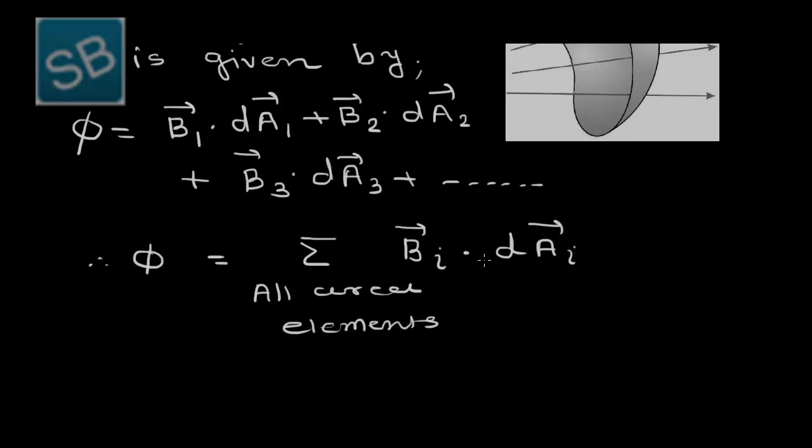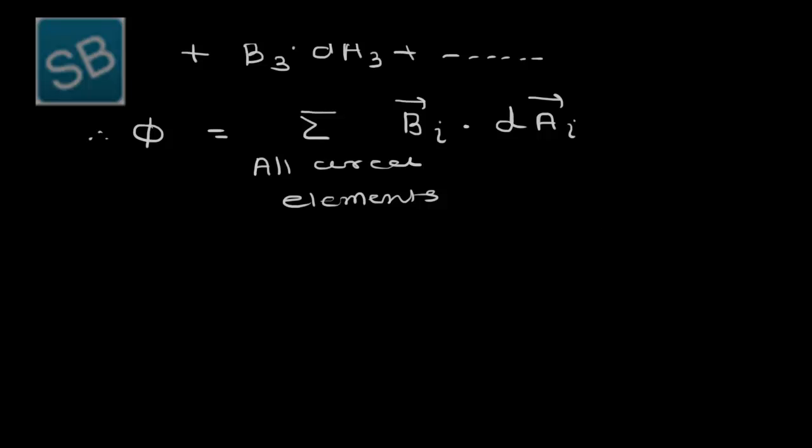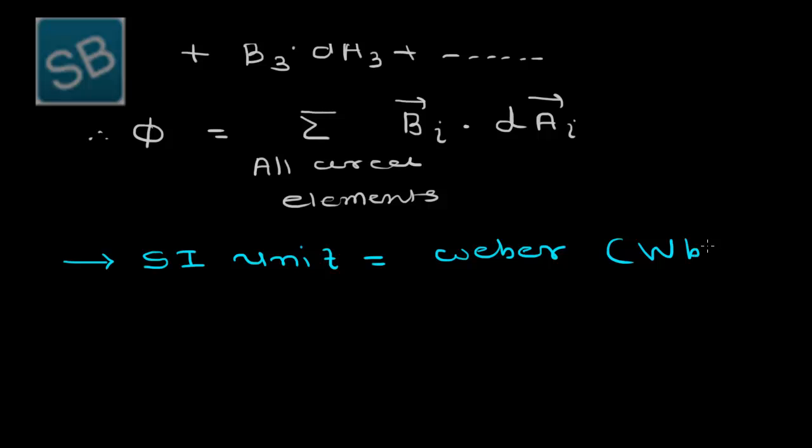Now, we have studied only the quantity but not its properties. So let us consider some of the properties of magnetic flux. Any physical quantity has its SI unit. So magnetic flux has its SI unit of Weber. When you write the full name, you have to write it all in small letters, and if you want to write only the first two letters, they will also be in small letters.